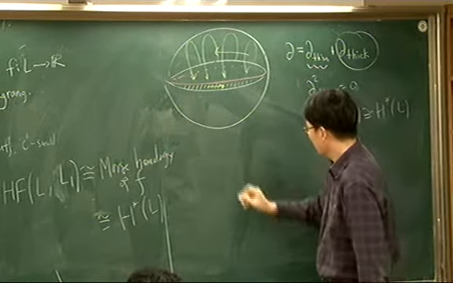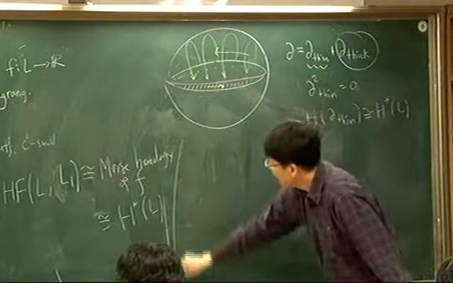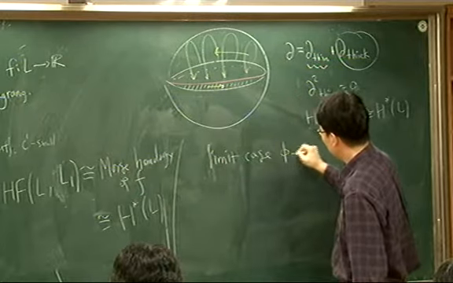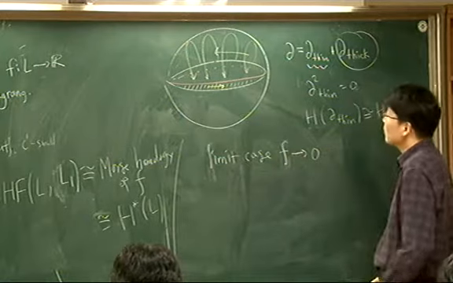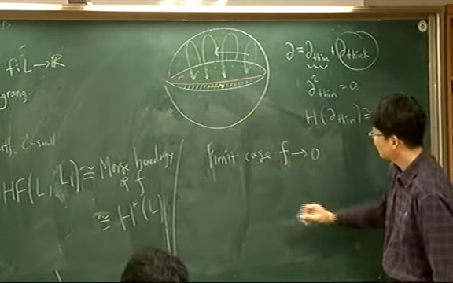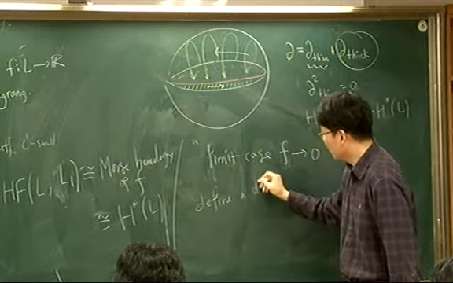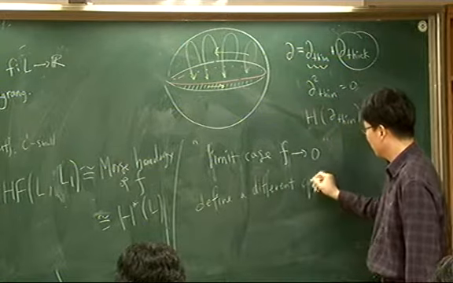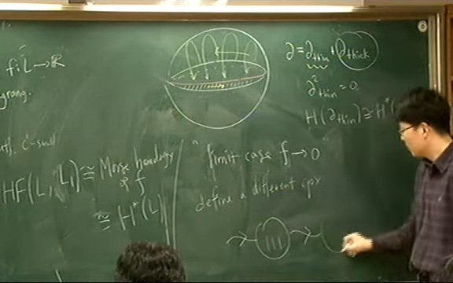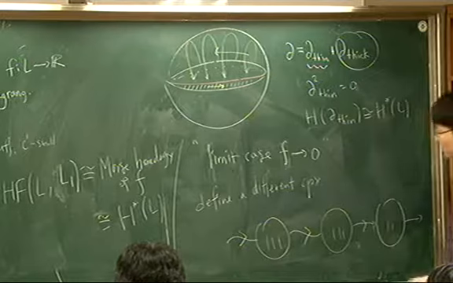So now consider the limit case when f goes to 0, so this gets closer and closer, and one can define a different complex which looks like a gradient flow with a holomorphic disk, connected by a gradient flow and another holomorphic disk, connected by a gradient flow and another holomorphic disk, and so on.